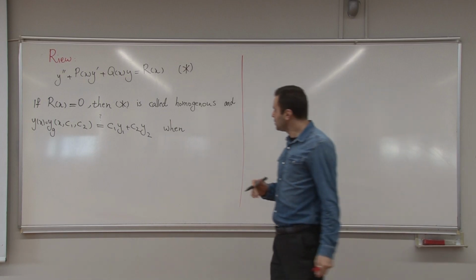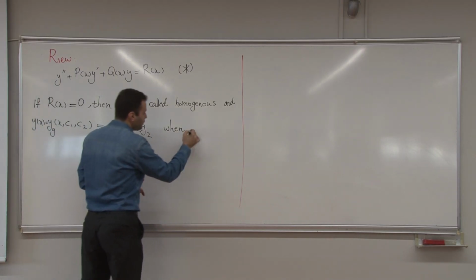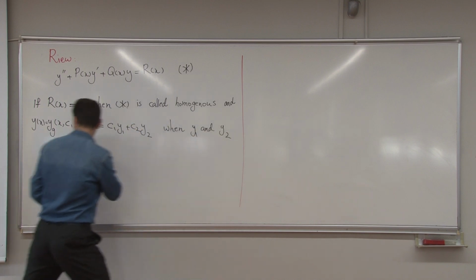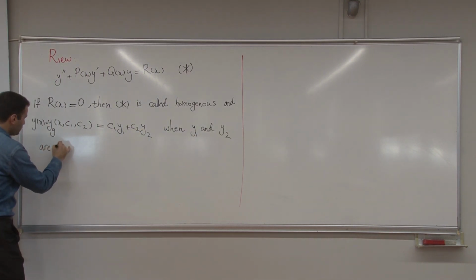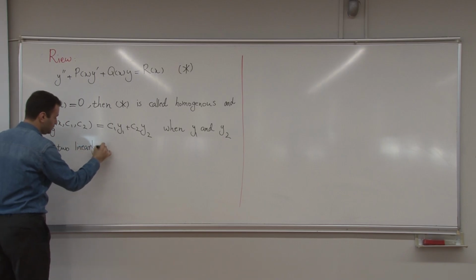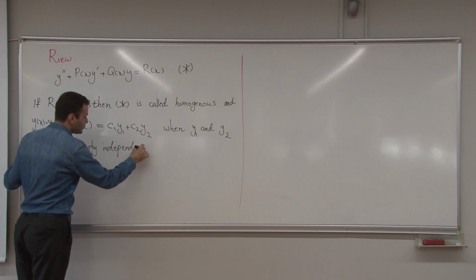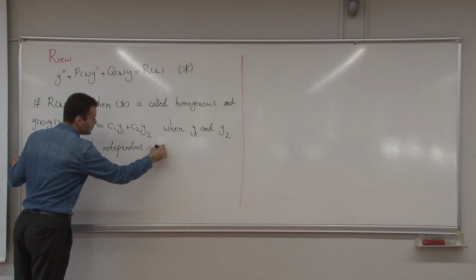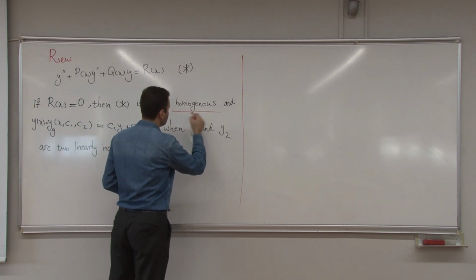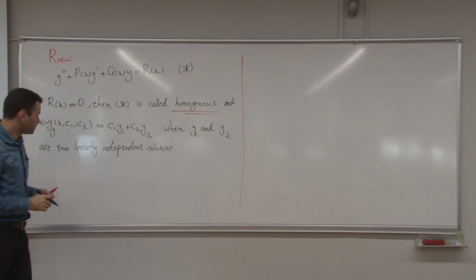If they are linearly independent, so I can write this as equality, then y1 and y2 are two linearly independent solutions for the homogeneous case. Today we are also going to talk about non-homogeneous cases.